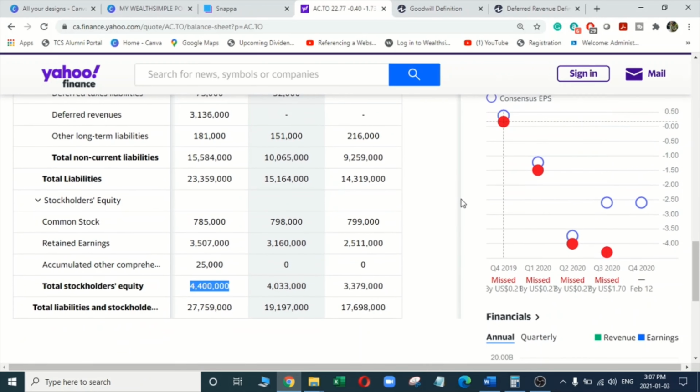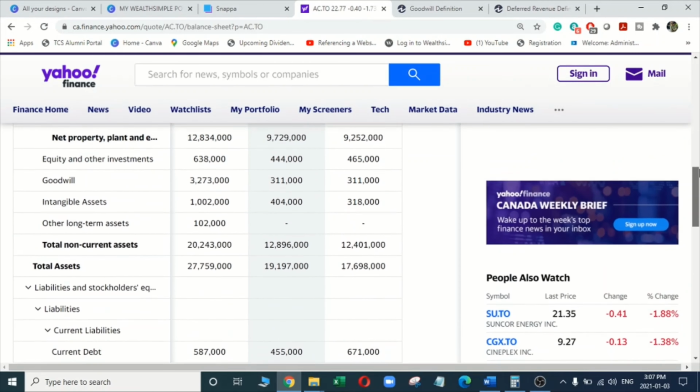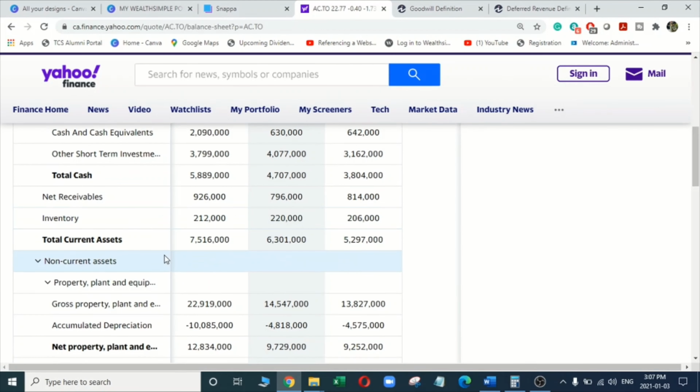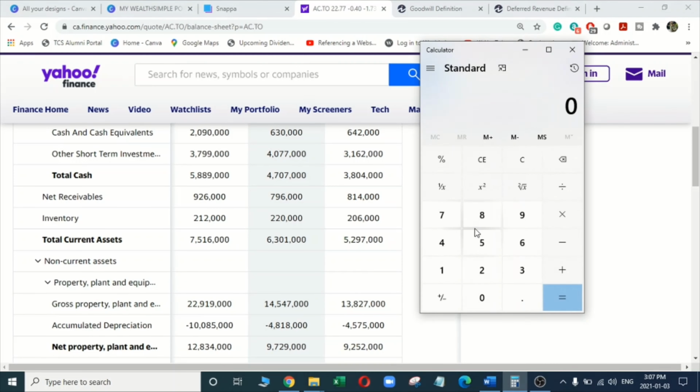All right. In addition to this, there is a ratio known as the assets to liability ratio. In the stock market, it is generally known that while picking a stock, this ratio should be greater than 1. But in the case of Air Canada, we can see that the amount of total current assets is 6,516,000.